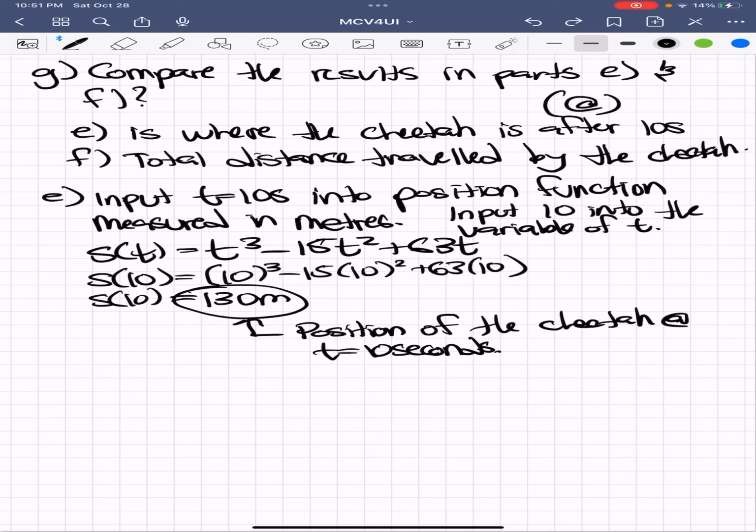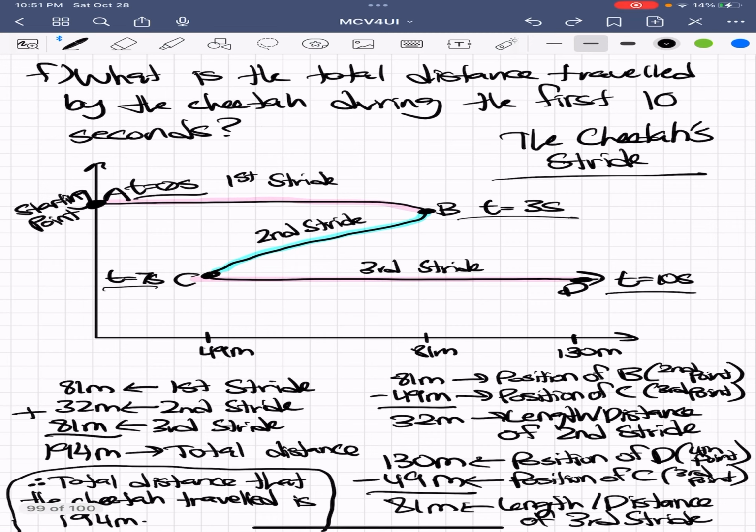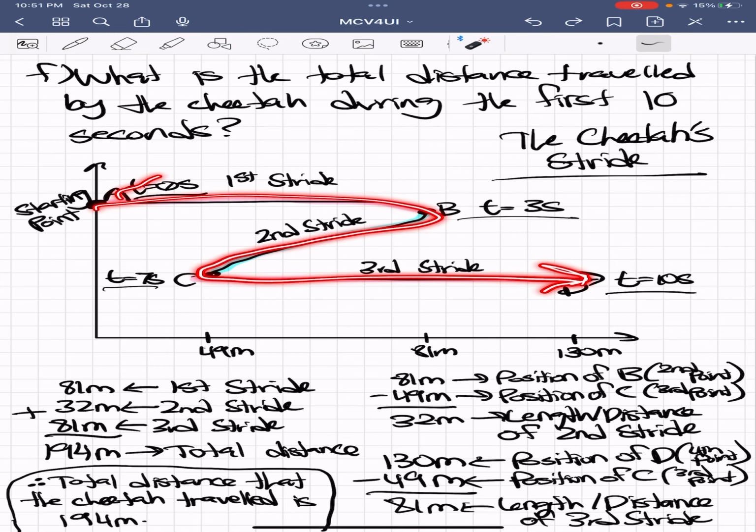And that's the difference between them: this is the total distance traveled by the cheetah, and if we look at the diagram, we calculated that using all of these calculations. So that's the total distance traveled by the cheetah, and we can use our lightsaber tool and say we calculated each stride.